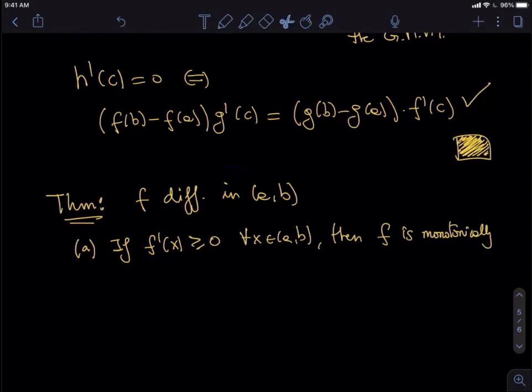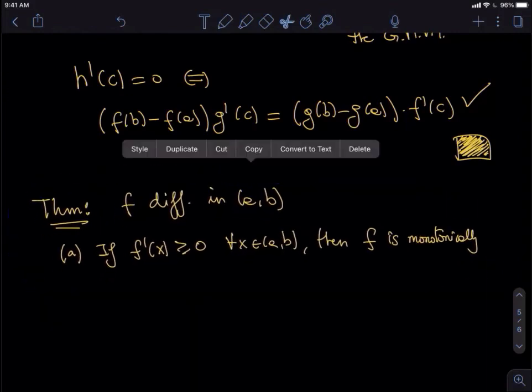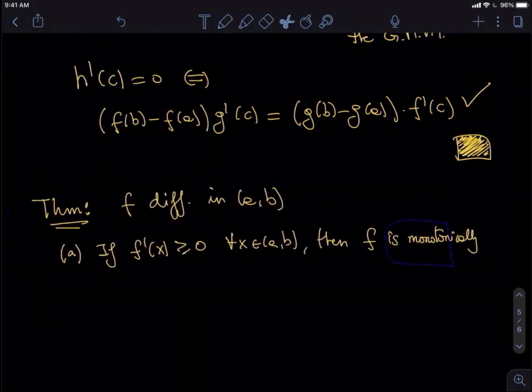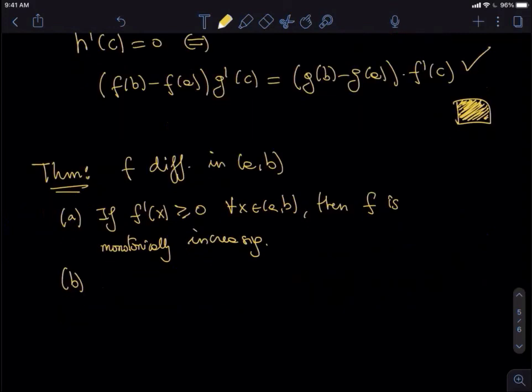Let me bring this over here. Monotonically increasing. Okay. If it happens to be identically 0 everywhere, then f is constant.